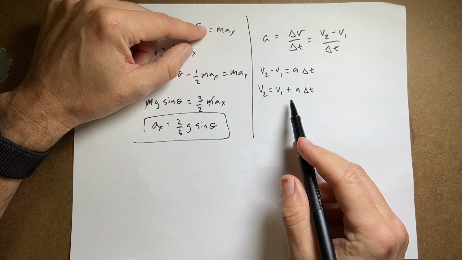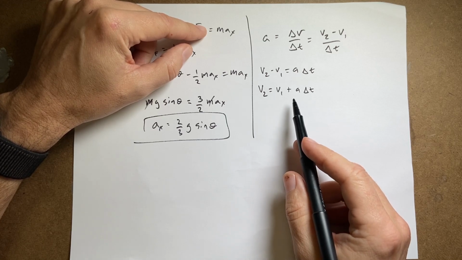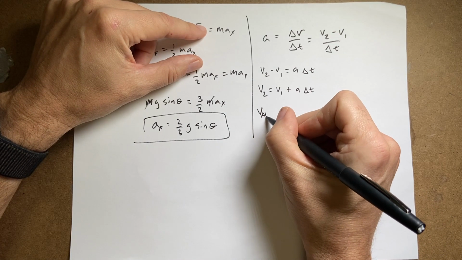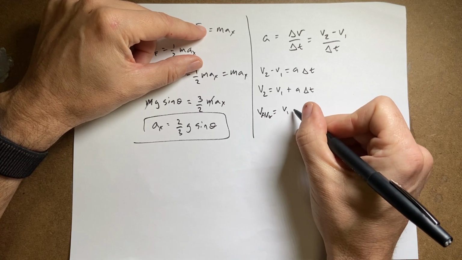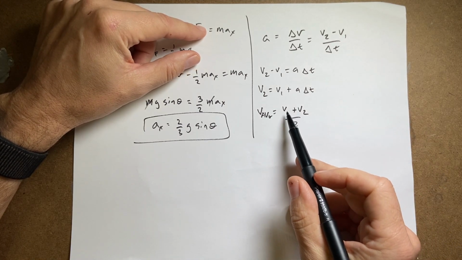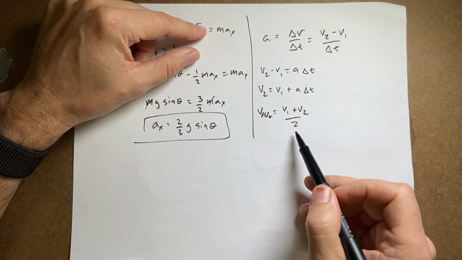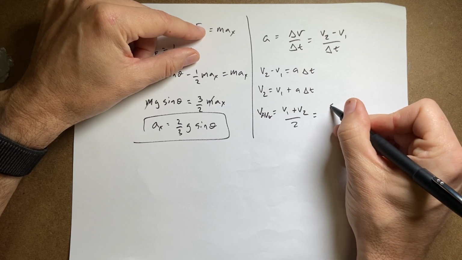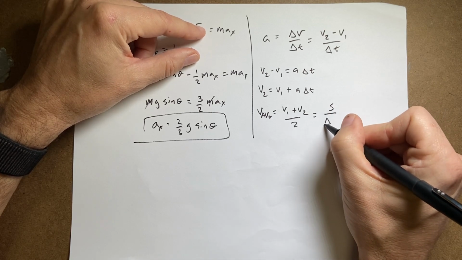Okay, so what do I do? Well, there's another definition I can use for the average velocity. I can say v average is equal to v1 plus v2 over 2. If the acceleration is constant, I can just take the velocity at the beginning plus the velocity at the end and divide by 2, and that would be equal to the displacement, which in this case is s, over delta t.